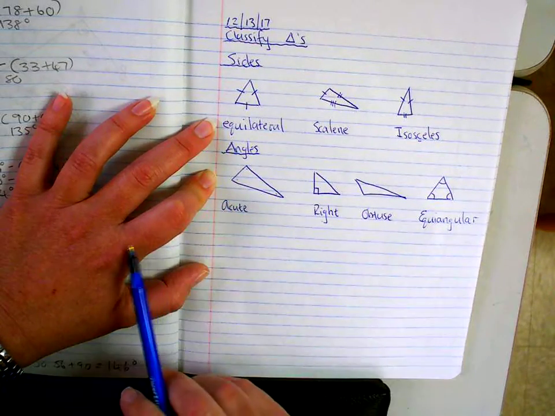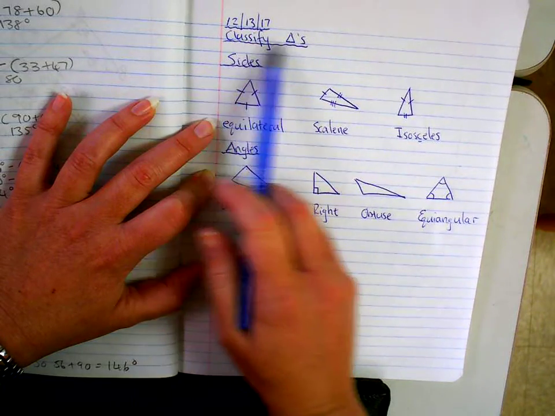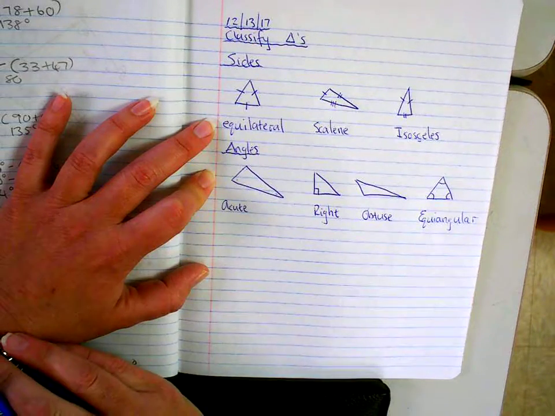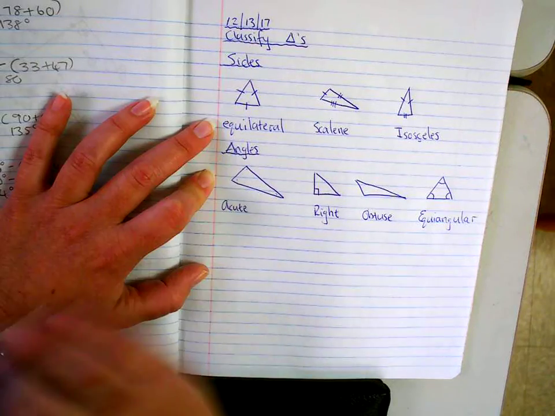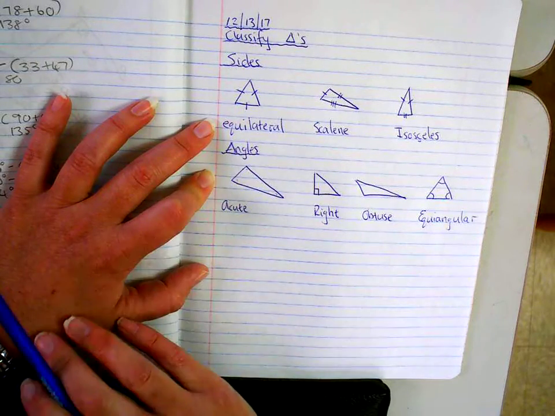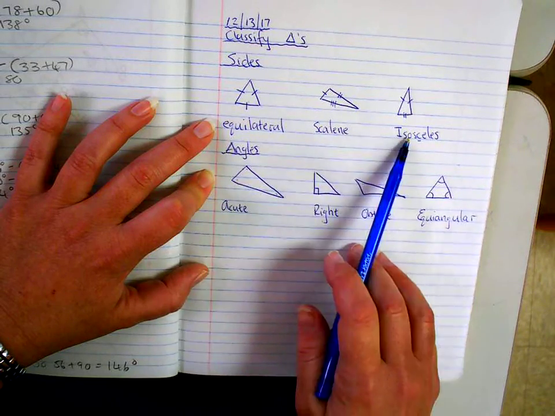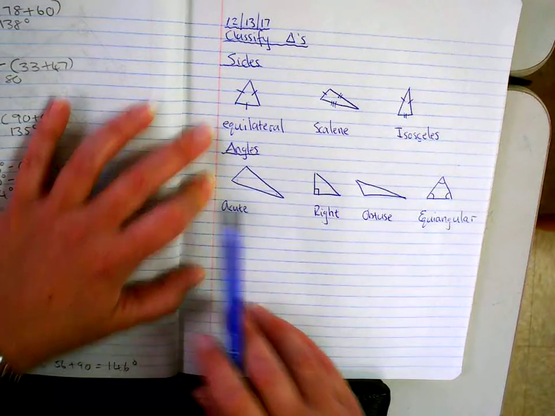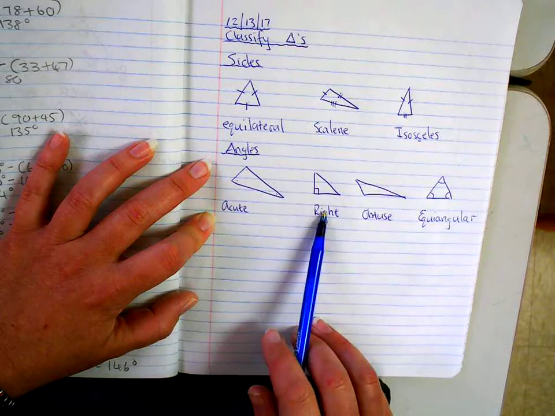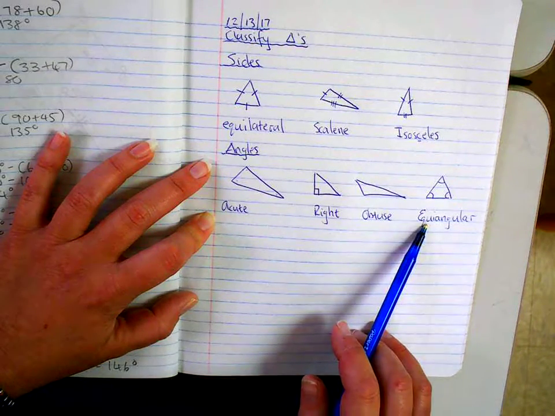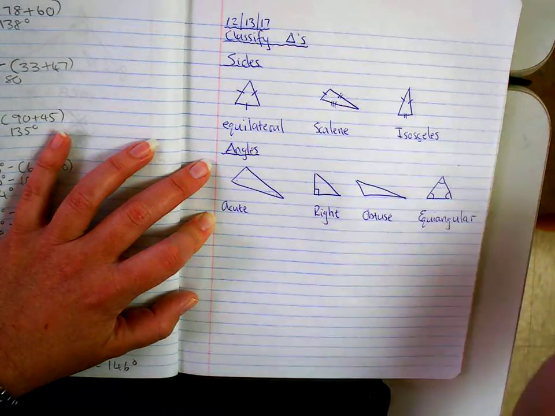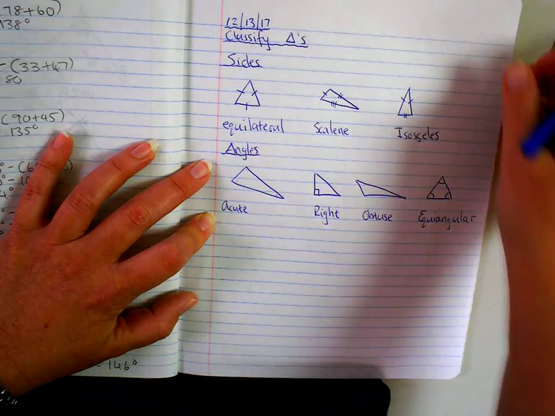We have learned that we can classify triangles in 2 ways. We can look at the sides, or we can look at the angles. So we can say this is an equilateral, scalene, or isosceles triangle. We can also say it's acute, right, obtuse, or equiangular.